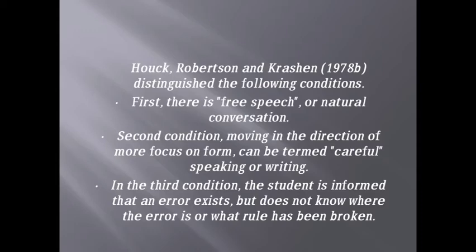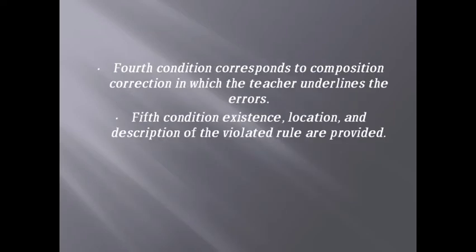In the third condition, the student is informed that an error exists, but does not know where the error is or what rule has been broken. This is approximately similar to the structure in which learners are clearly told that their paper includes certain mistakes and that they should be corrected. Fourth condition corresponds to composition correction, in which the teacher underlines the errors.